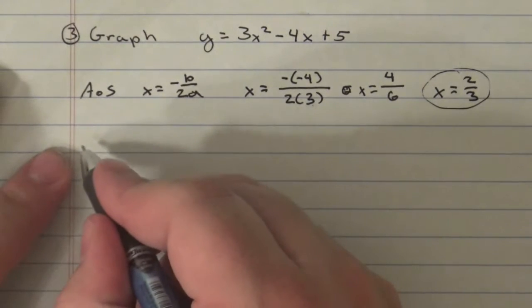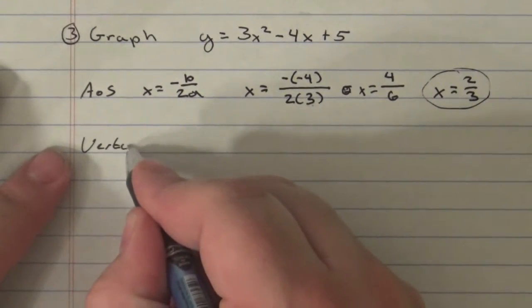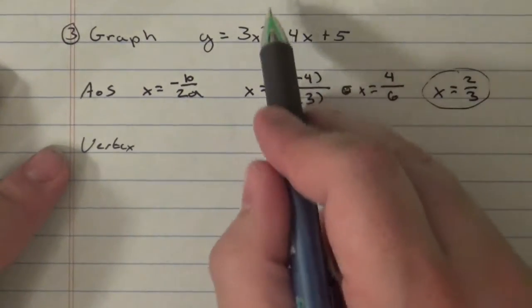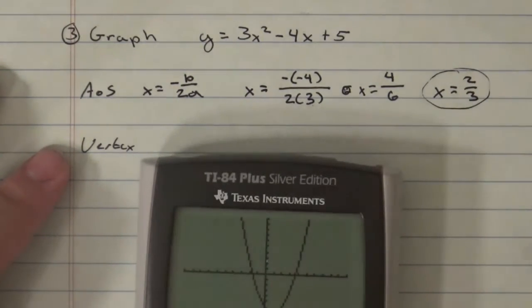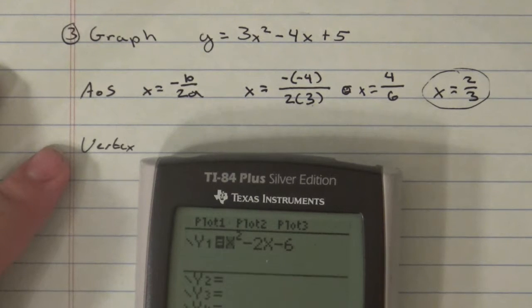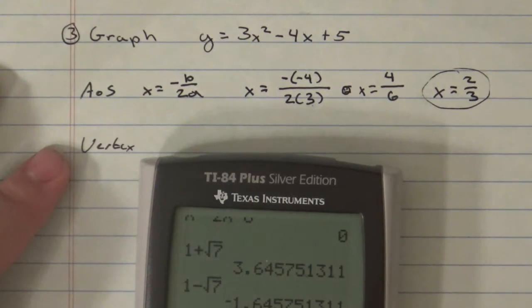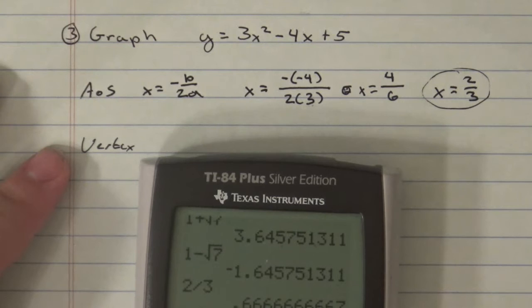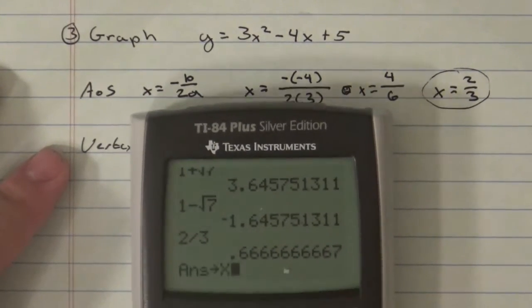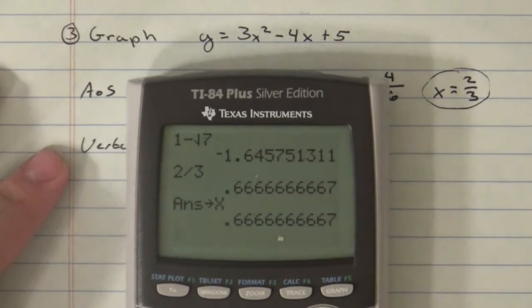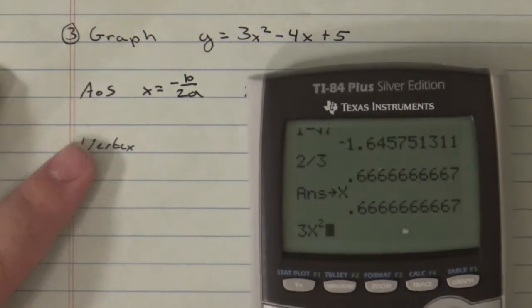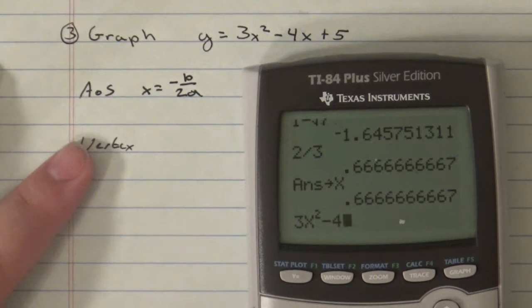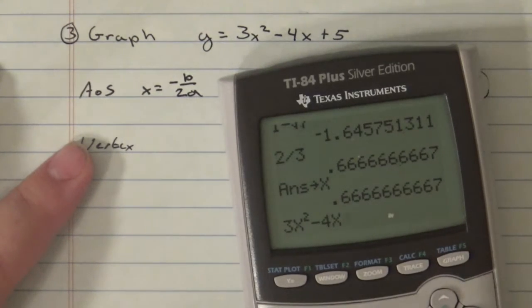Now we need to find the vertex. Basically what we're going to do is plug 2/3 back into our equation to find out the vertex. We can do this manually, but again, I am going to be lazy in here, and we're going to say 2 divided by 3, and store that number as our x value. And now we're going to plug it in. We're going to say 3x squared minus 4x plus 5.